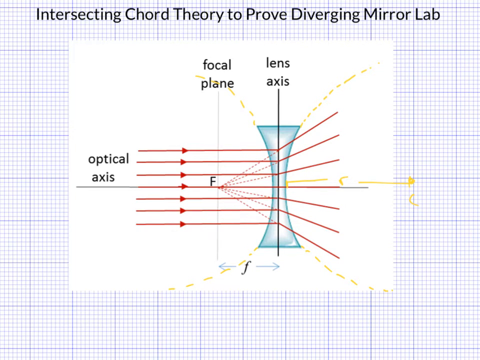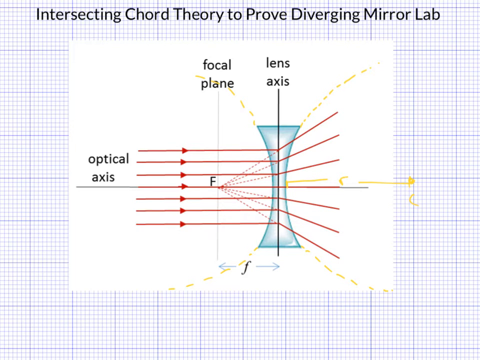Now, you might think that it would be just nice and simple. You might think that, oh, look, the focal length is going to be halfway between the center and the edge of the circle. And indeed, it would be if this was a mirror.